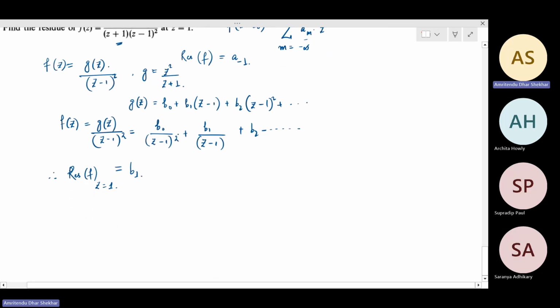So let's do that. g(z) is equal to z squared by (z plus 1). That is equal to (z minus 1) squared plus 1 plus 2 times (z minus 1), over z plus 1.